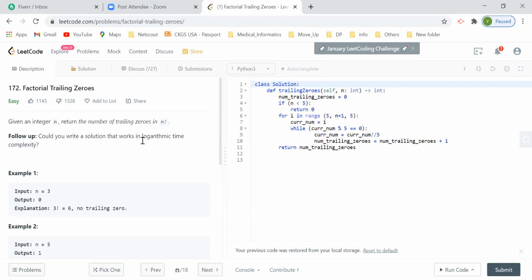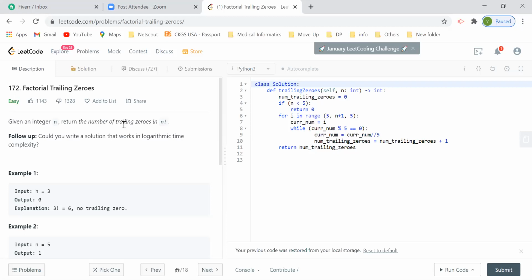So what we are trying to find out is if the number is divisible by 5. If it's divisible by 5, then you have a 2 also there, right? 2 into 5 becomes 10.